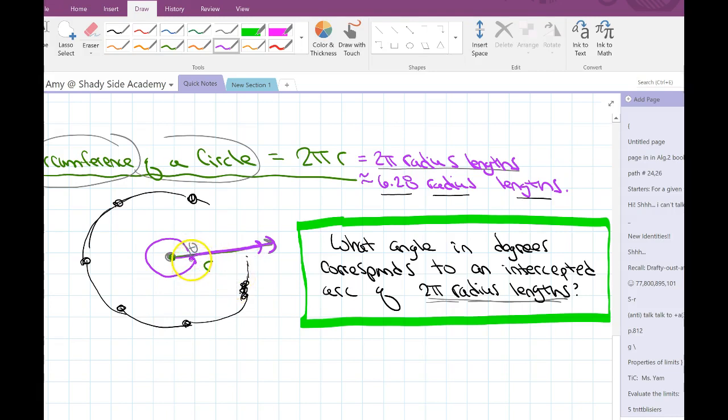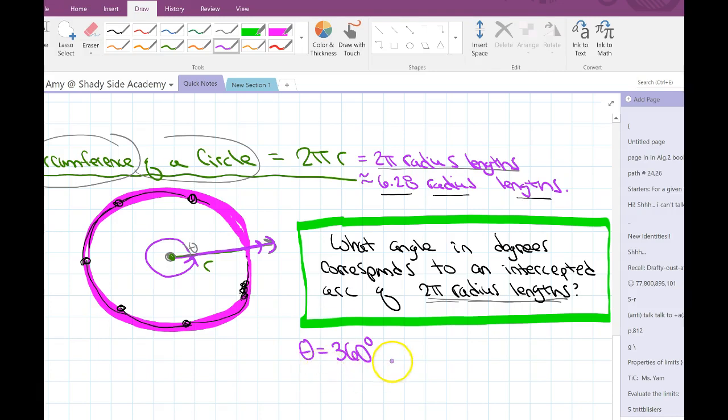Look at the arrow: the initial side of the angle opens up all the way around. And what's the length of the intercepted arc? It is this entire circumference. So back to the question: what angle theta corresponds to that? Theta equals 360 degrees.